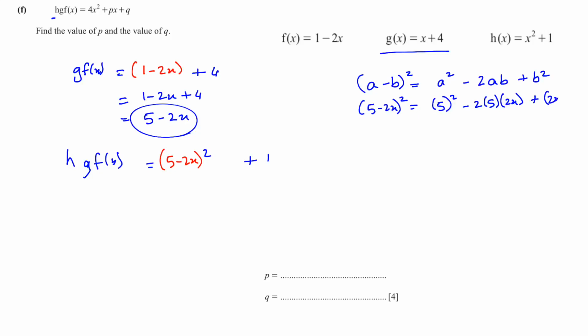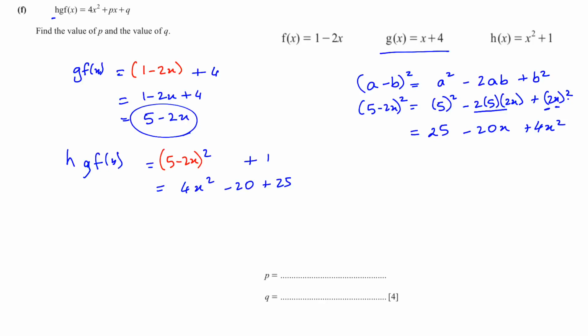And then 2x squared. This will give us 25 minus 2 multiplied by 5 multiplied by 2 is 20x, and the power of 2 is for 2 and x. So 2 to the power of 2 is 4x squared. Rewrite it first the x squared, then the x, and then the number.